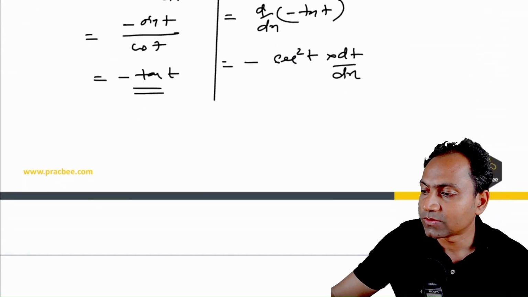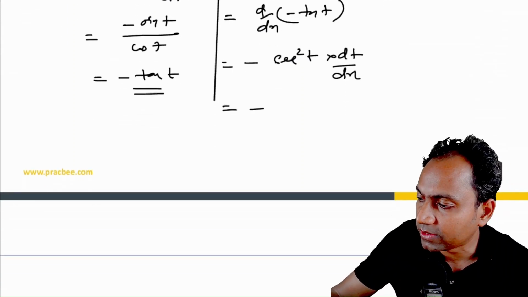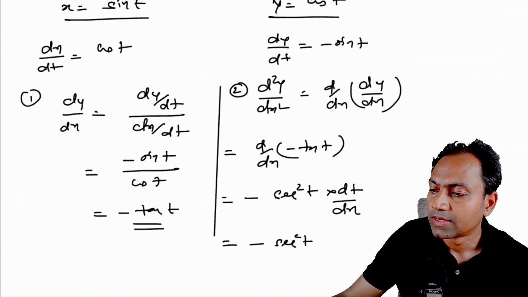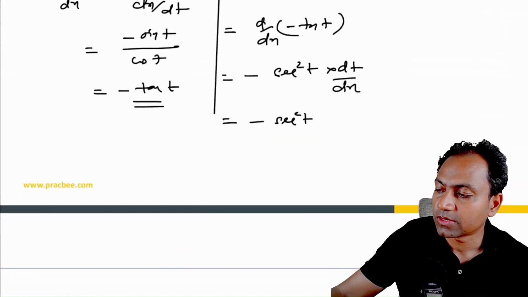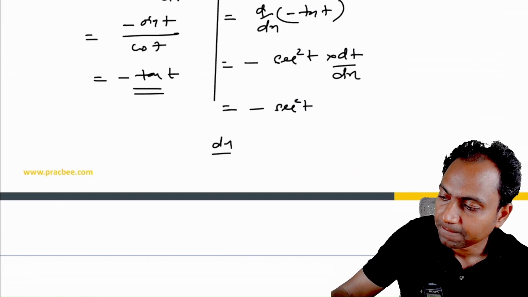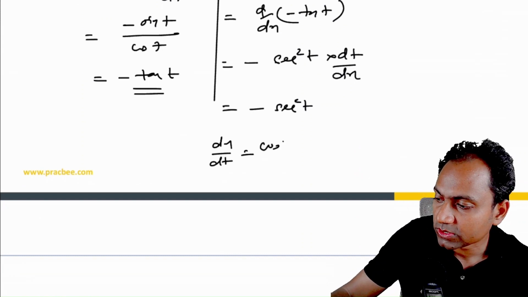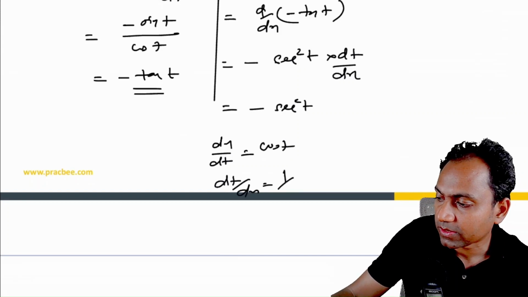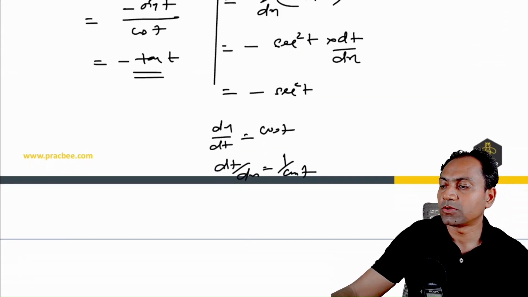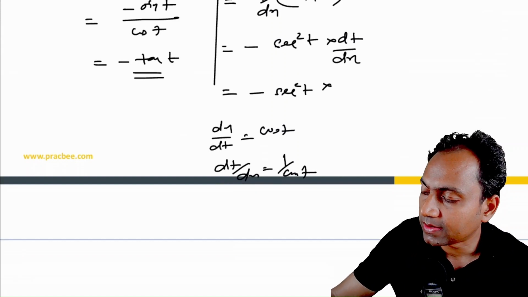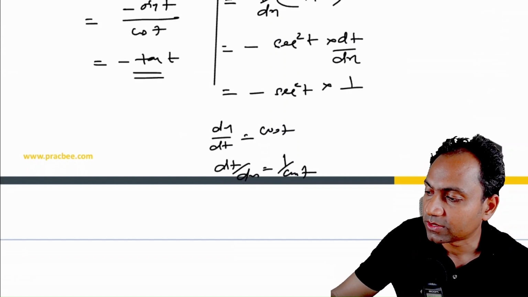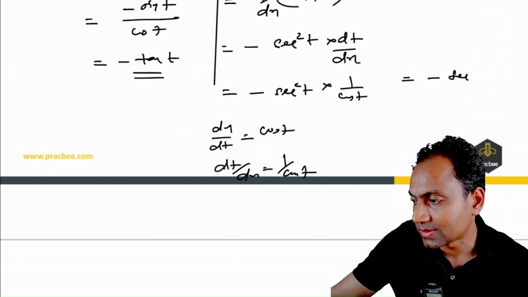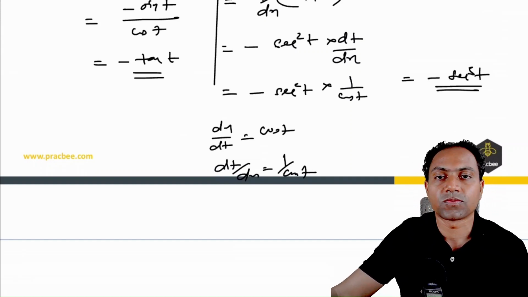Now, in order to find this value, I will have to substitute the value of dt by dx. dx by dt from the first part is nothing but cos t, and so dt by dx is nothing but 1 by cos t. If I substitute this value here, it comes out to be minus sec cube t. And this is what the answer comes out to be.